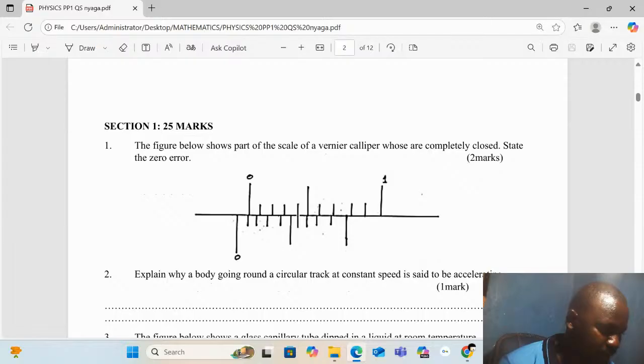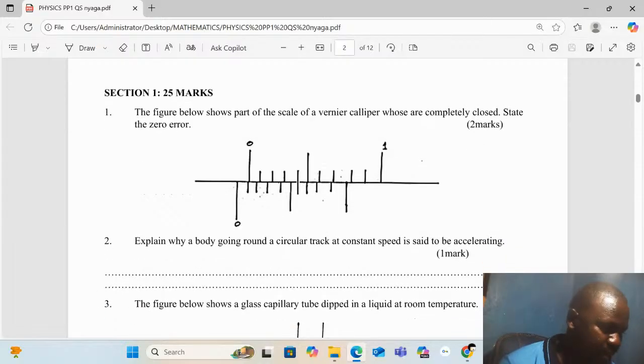You are asked, the scale of a vernier caliper when the jaws are completely closed. State the zero error.